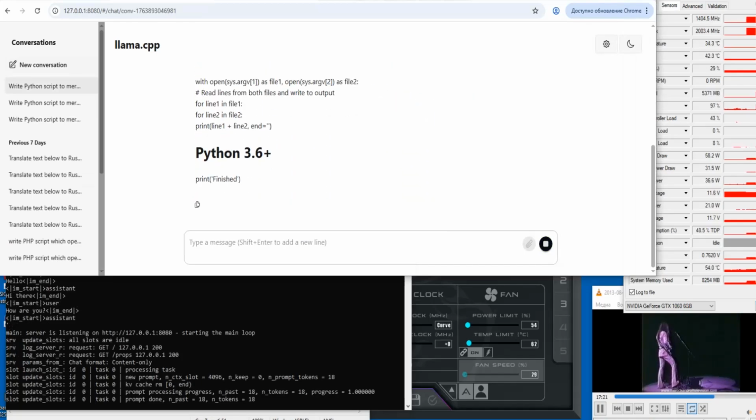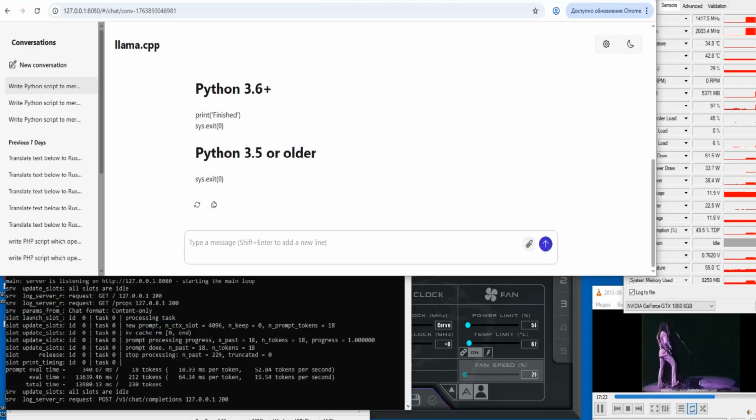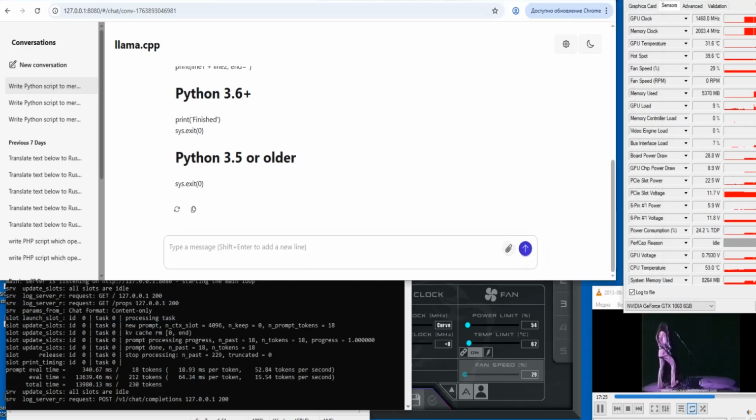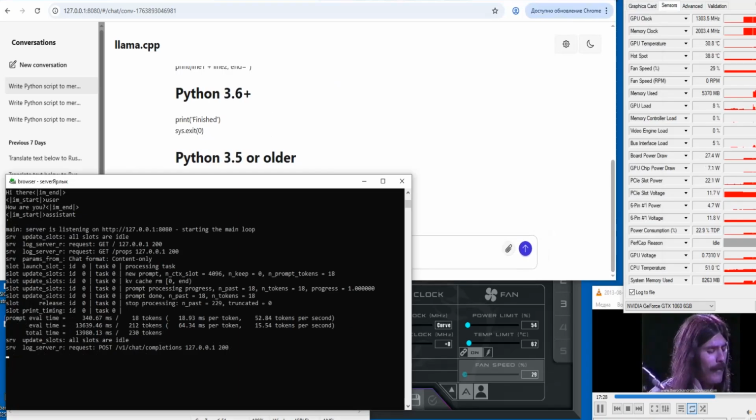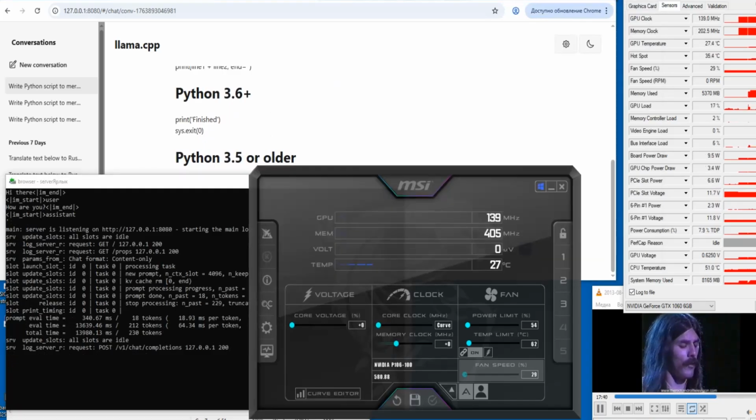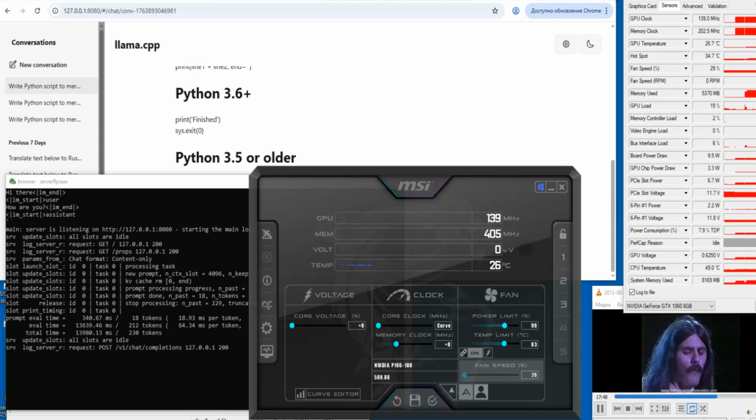So the result is... we have removed the power limit, and again we try the same request on the same large language model, Saiga Mistral.